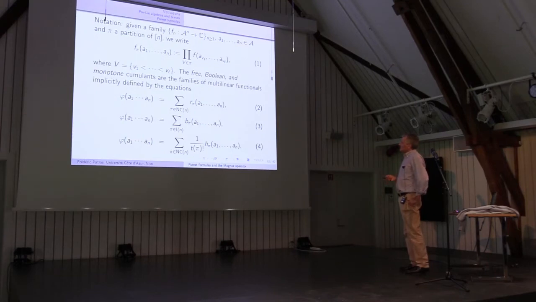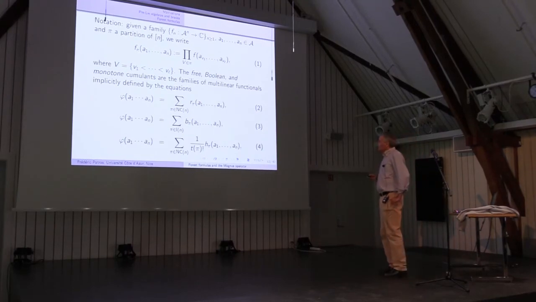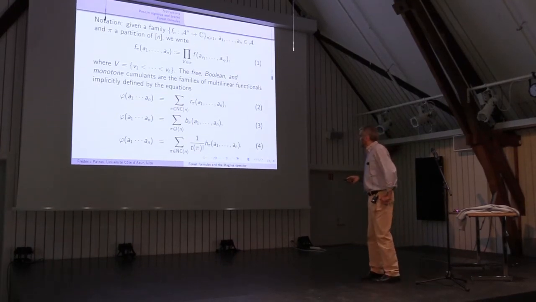So if I have a block composed of a1, a5, and a8, I would have in the right-hand side f evaluated on these three letters. And I take the product over all blocks to define f of pi. So this is just a notation, but it's important for making sense of these formulas.